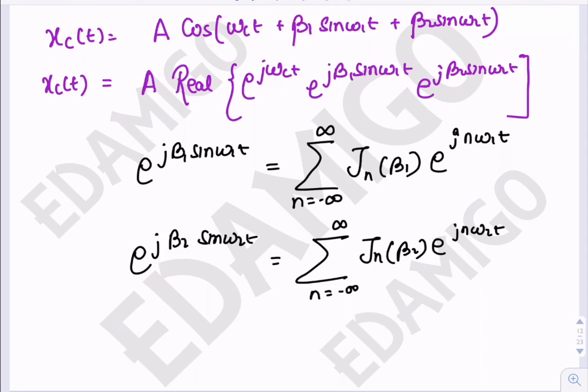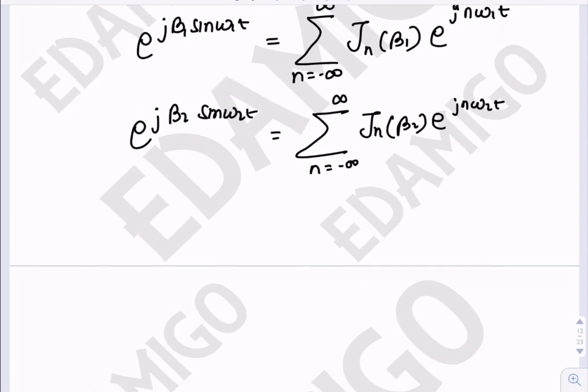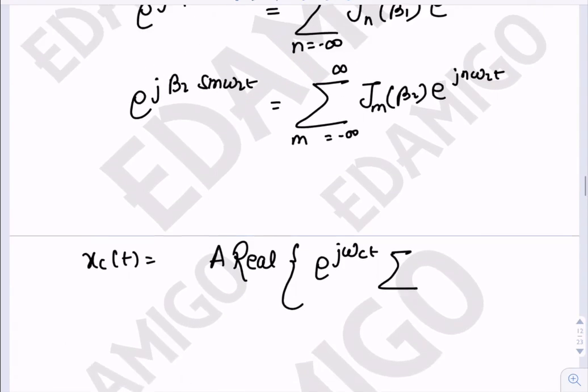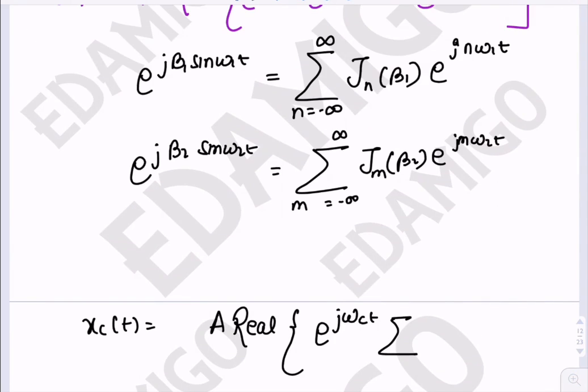Okay, so now we can easily write x(t) as A times the real part of e^(j omega_c t). So we have to change the variables. This is m, and here also it is m.